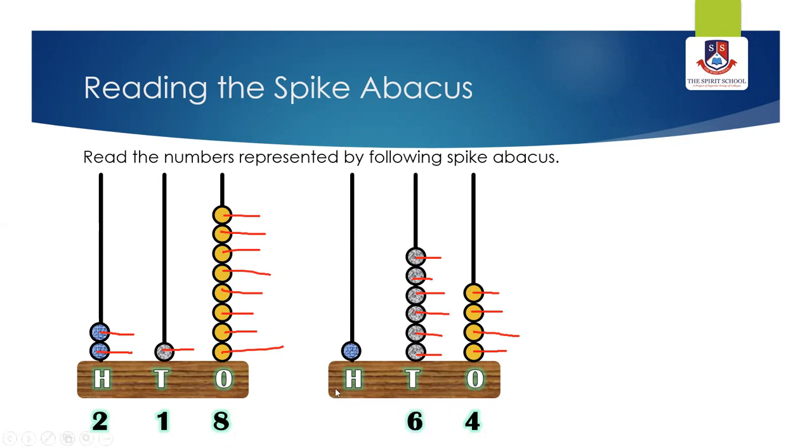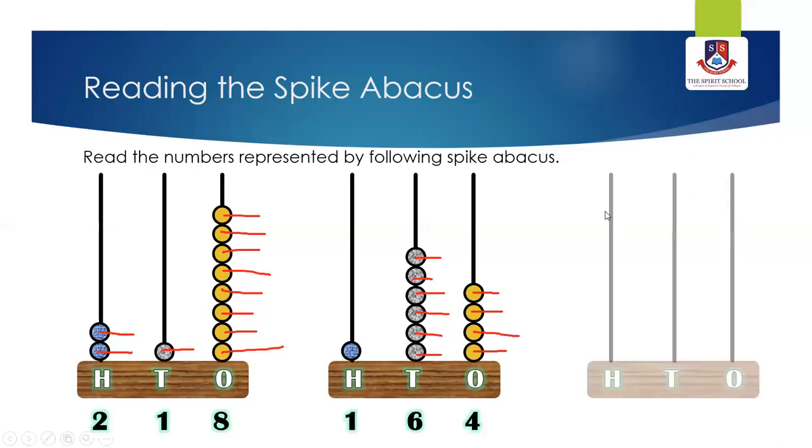Here we are having only one bead, so the number represented at the hundred place is 1. Now form the number. The number is 164. If we further elaborate this number, it is 1 hundred, 6 tens, and 4 ones, forming the number 164.